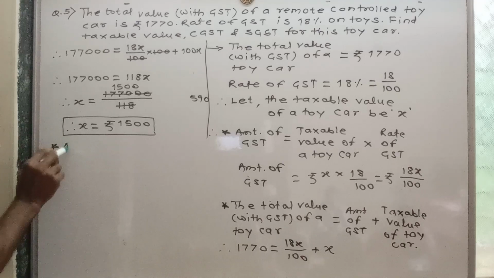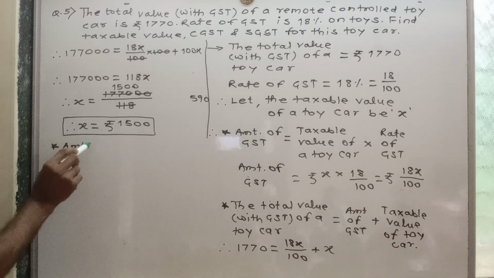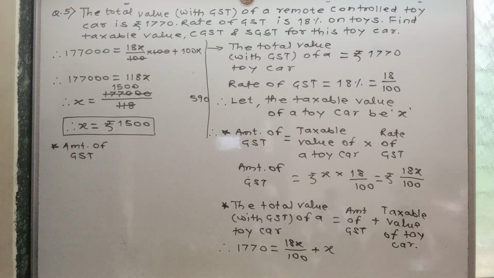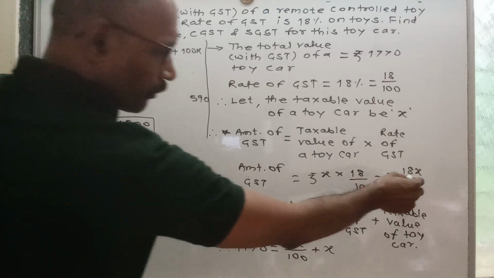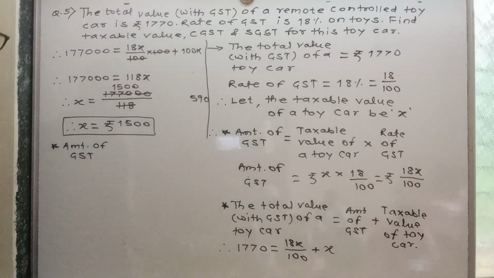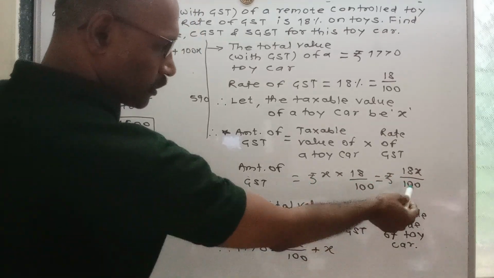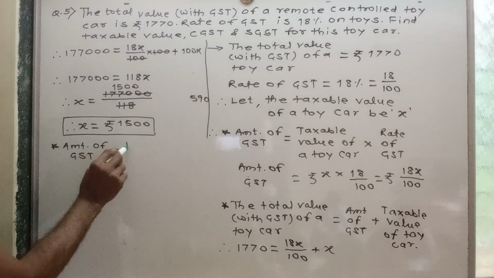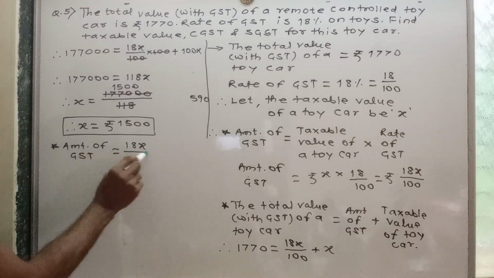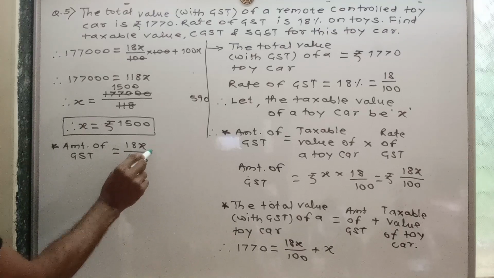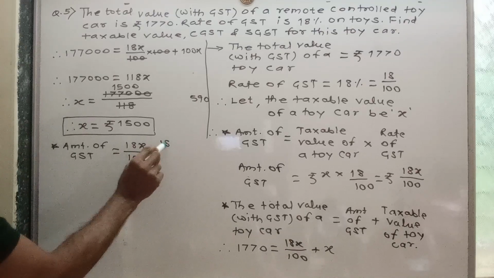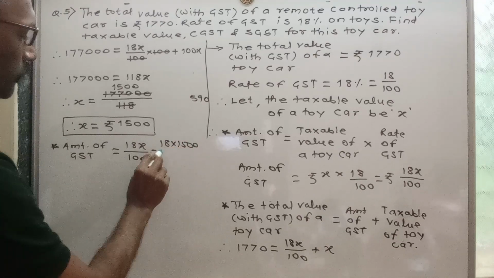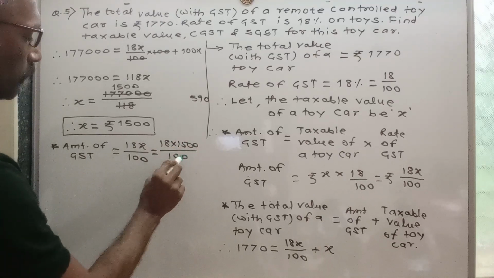First of all we will find the amount of GST. Amount of GST, we use this formula also, no problem at all. See this, amount of GST, 18X upon 100, is equal to 18 into 1500 upon 100.